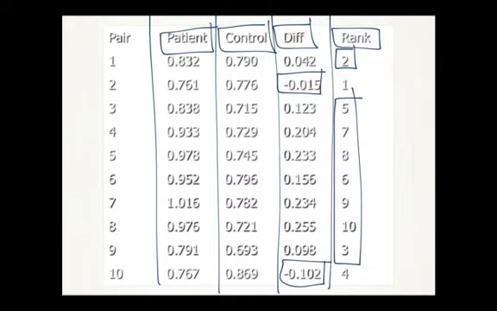And then we can use a permutation test. So that means we're going to permute which one is the patient and which one is the control, and we can get a distribution. Okay. So under the null hypothesis, half of the ranks should be positive and half should be negative.